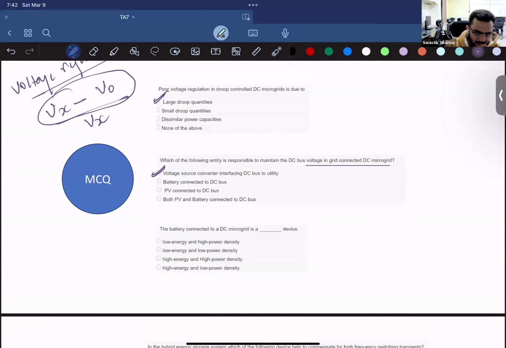But it depends on C rate. I mean, still it's not very fast than an ultra capacitor, that's for sure. So you can't give me mixed signals, right? So it is a low power density device. We have discussed this at length in fourth week as well. You can go back to that where I discussed how the storage systems are. There I talked about how the power density curve and energy density curve varies.